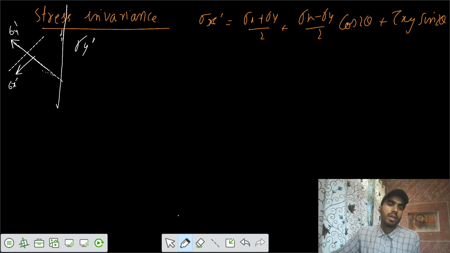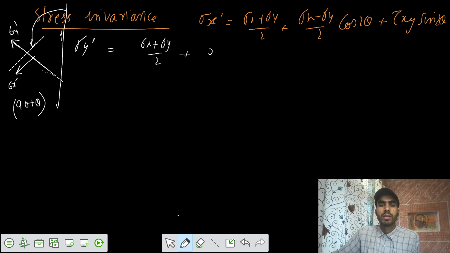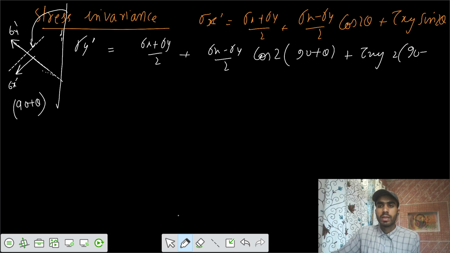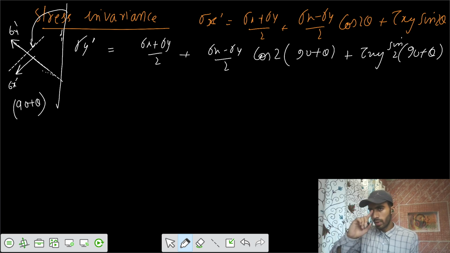From the vertical reference, this plane makes an angle of 90 plus theta. So if you substitute 90 plus theta in this equation, you get sigma y dash equals sigma x plus sigma y by 2 plus sigma x minus sigma y by 2 cos 2 times (90 plus theta), and similarly tau xy sine of 2 times (90 plus theta).